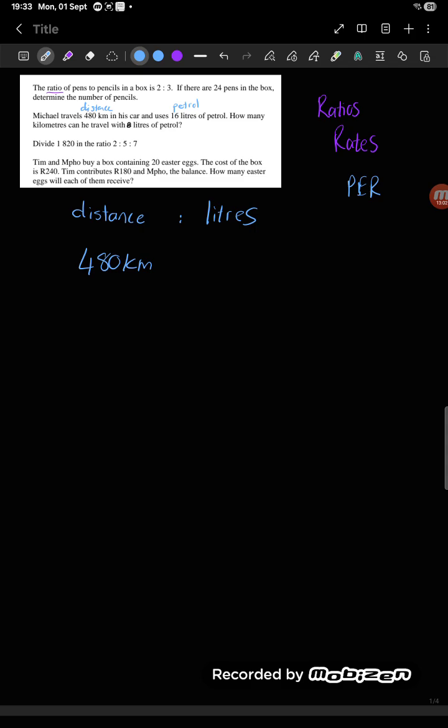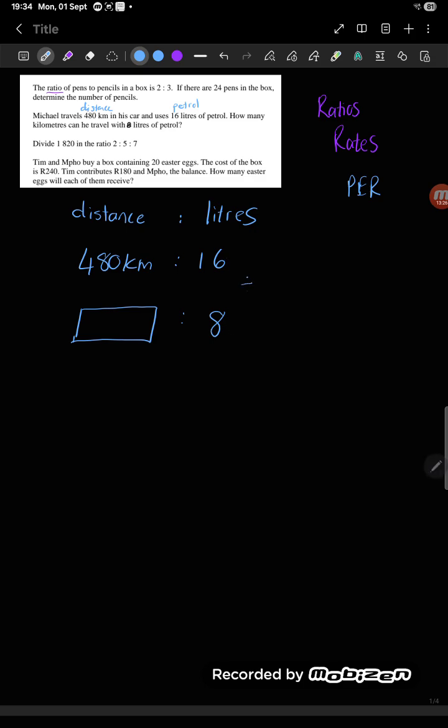How many kilometers can he travel with 8 liters of petrol? So I've got 480 to 16, and I need 8 liters of petrol. How far can I travel with 8 liters of petrol? Well, what did I do to 16 to get to 8?